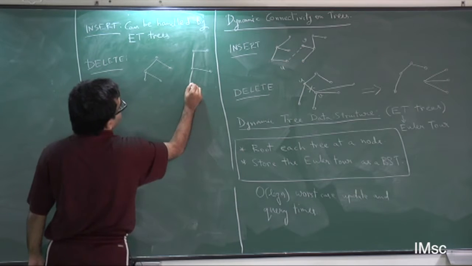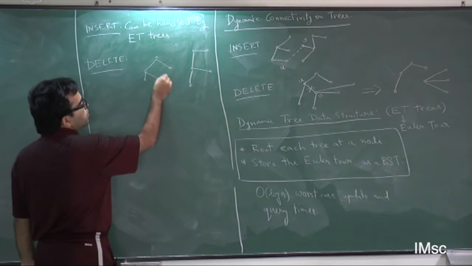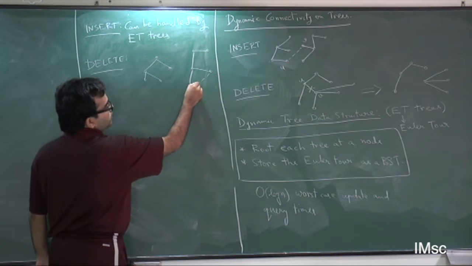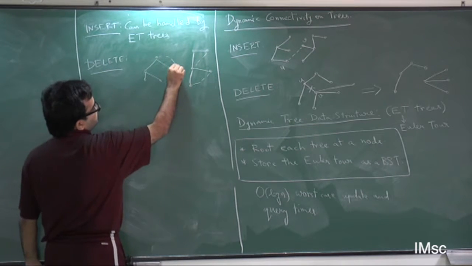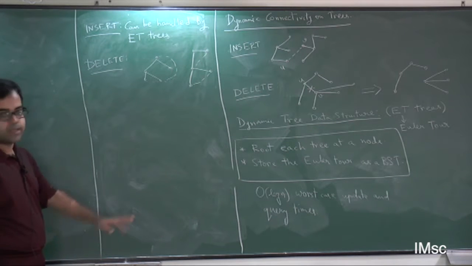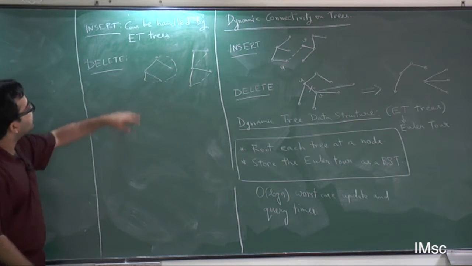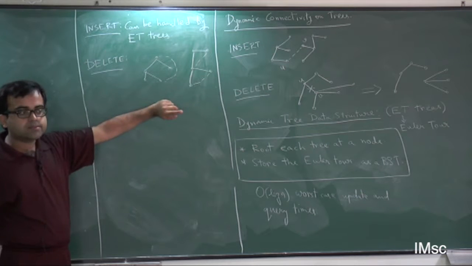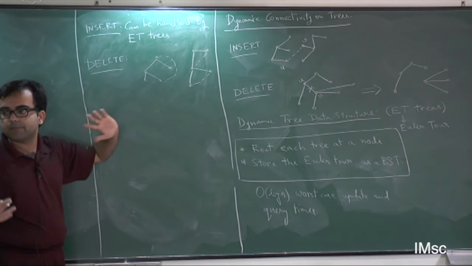Each tree corresponds to a connected component, and the non-tree edges all belong to the same connected component. So, there will be some non-tree edges as well in this graph. These are represented using these dotted lines. They all go to the same connected component. There will not be any crossing non-tree edges. So, now if a non-tree edge gets deleted, again there is nothing to do, because you are still maintaining the maximal spanning forest.